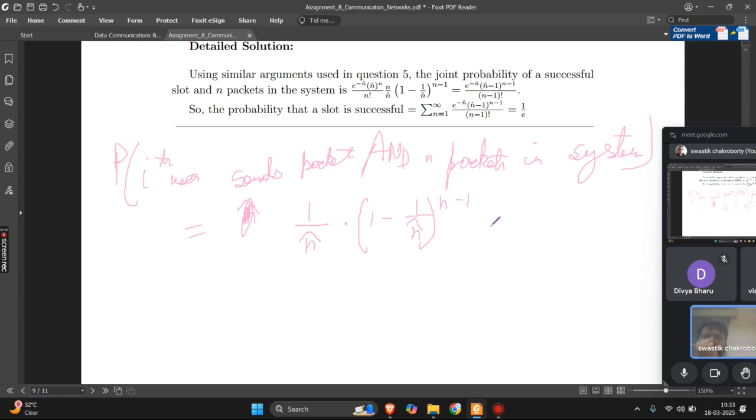Now, this is for the ith user. So, for all users, one user sends a packet. So, for all users, you just add this probability n times. Among all users, one user sends a packet and there are n packets in the system.